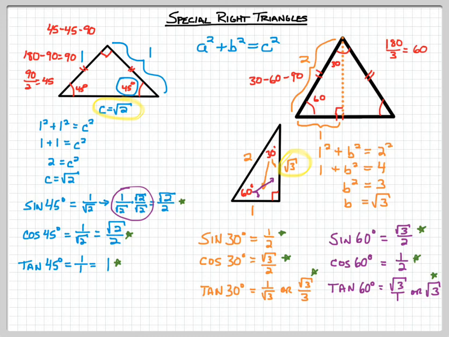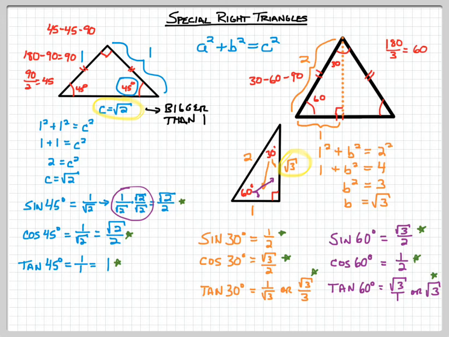So what you really want to consider is that the hypotenuse is always the longest measurement of a right triangle. So if you think about what the square root of 2 is, that's bigger than 1. I think it's like 1.414, and it's an irrational number, so it goes on forever. But that's bigger than 1, clearly. So that's going to be our hypotenuse.